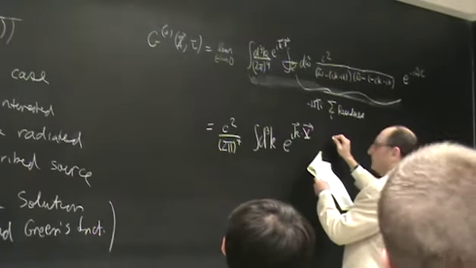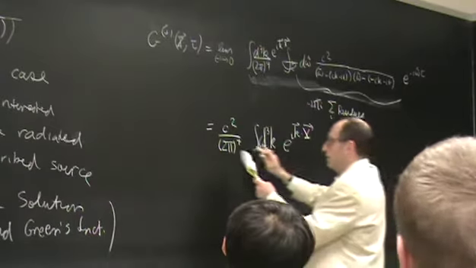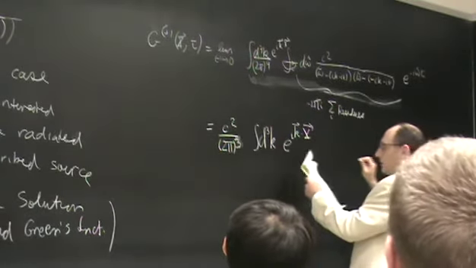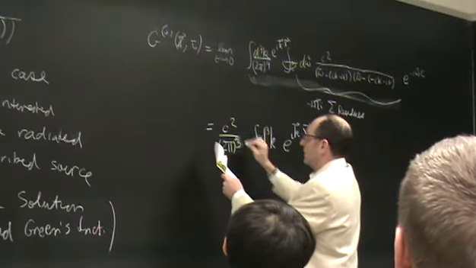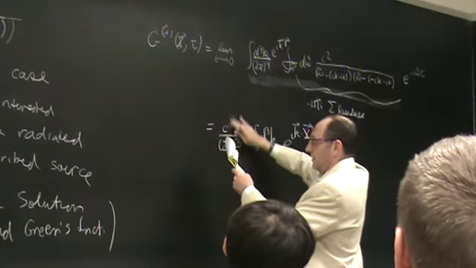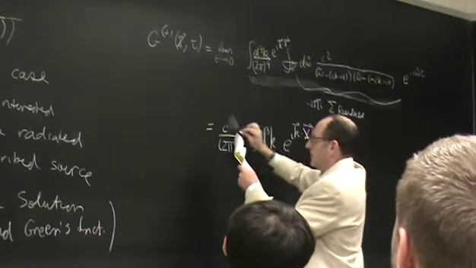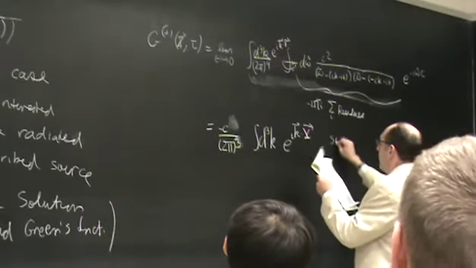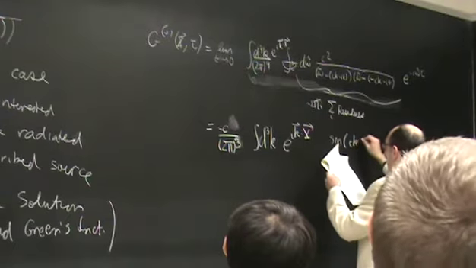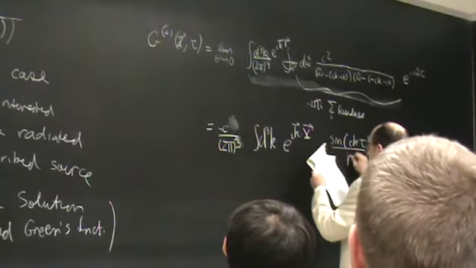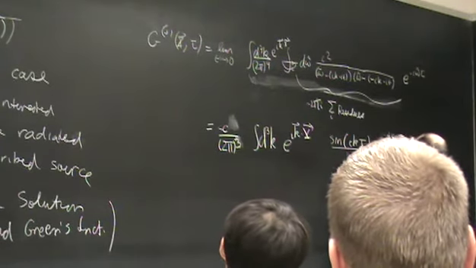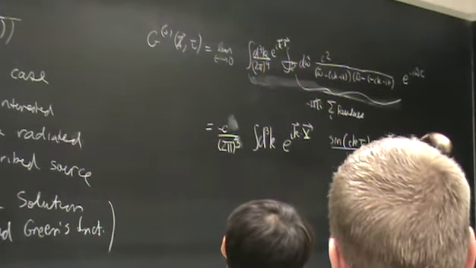I get 2 pi i cq minus sine c k tau over k e to the i k dot x.